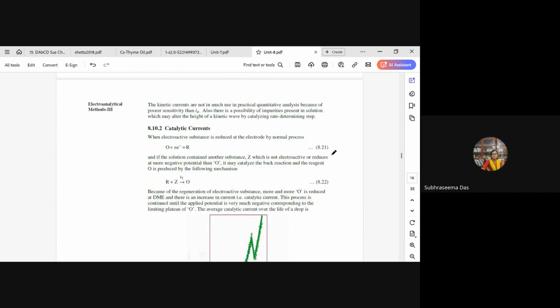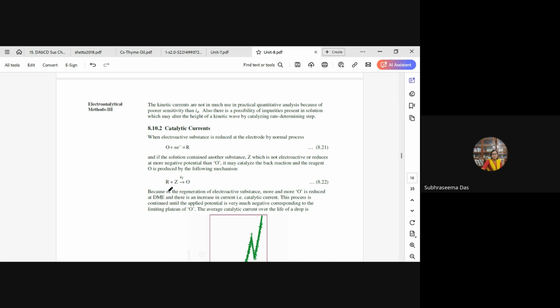When an electroactive species O is reduced at the electrode by a normal process, taking up electrons to form the reduced product R, this R is in the solution.